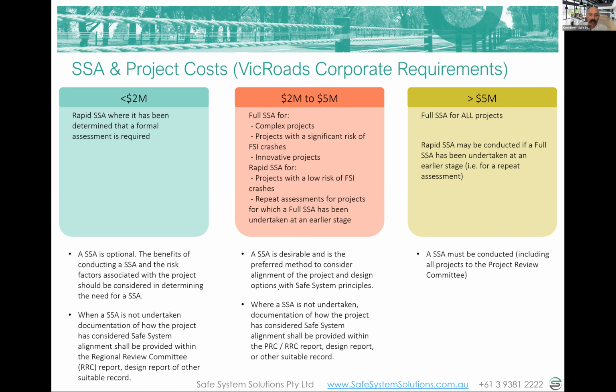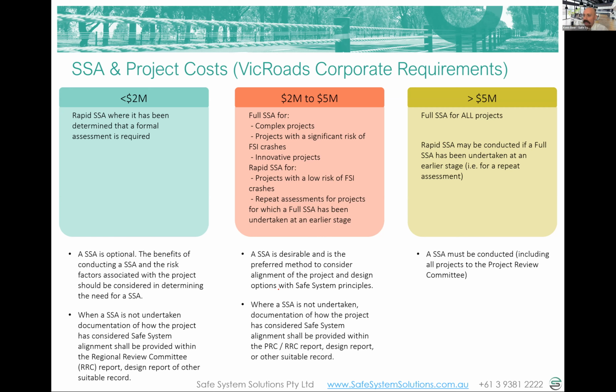But there's this sort of general requirement: you've got to show that you're aligning with safe system principles. But maybe if you've got a maintenance job or something that you've been able to justify that this assessment methodology is not going to add value, then it sits within that. But if it's between $2 and $5 million, a full safe system assessment for any complex projects or any with significant risk of fatal serious injury.